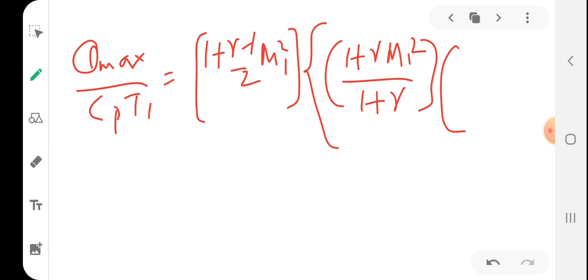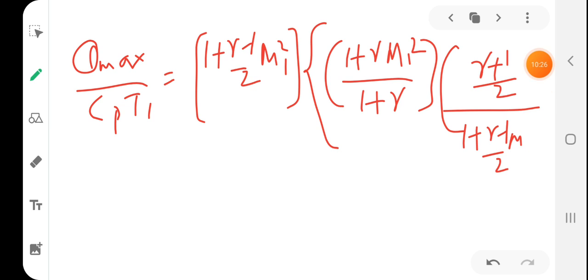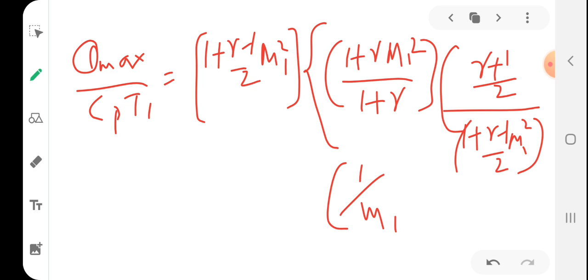This can be rewritten as (1 plus gamma) plus 1 by 2, by (1 plus (gamma minus 1) by 2 M1 square), into (1 by M1 square minus 1). So this is the equation.